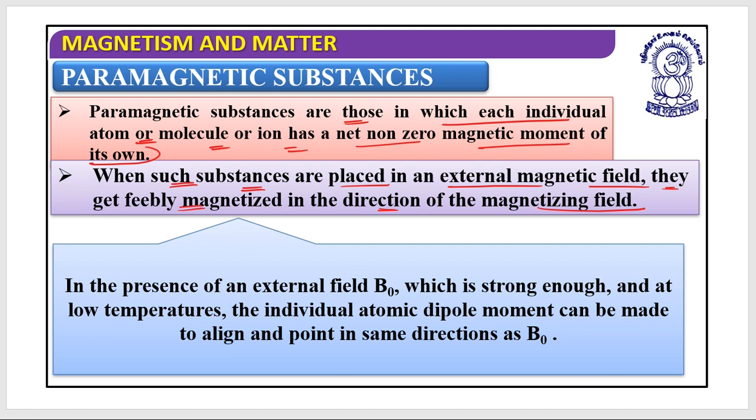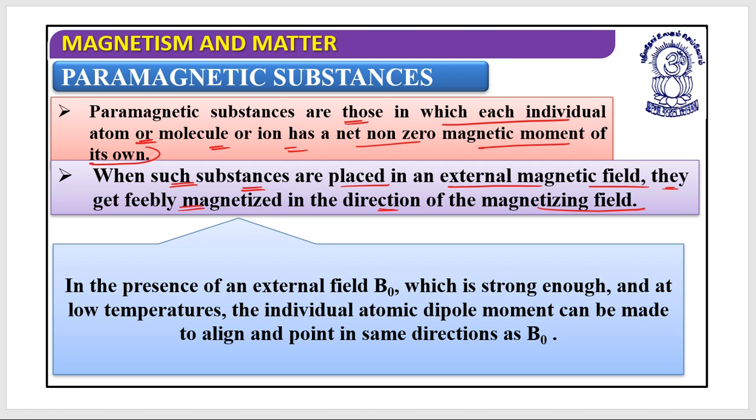If you remember, in diamagnetism the atoms or molecules do not have any magnetic moment of their own. Here they have a magnetic moment.